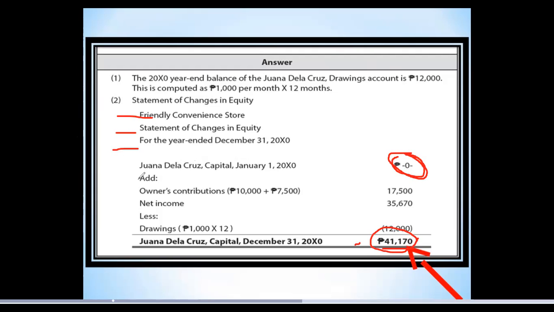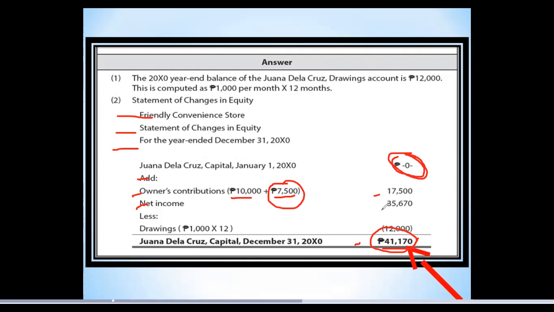And then we add the owner's contribution of 10,000 plus 7,500. Why is it 7,500? Because according to our transaction, Joanna deposited 3 more deposits of 2,500. So 2,500 times 3 is 7,500, for a total of 17,500.